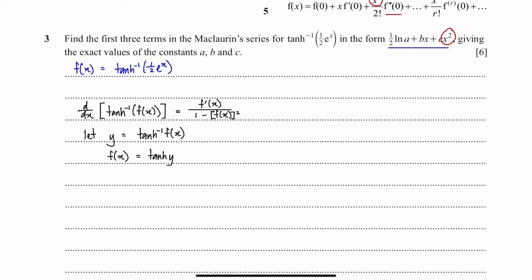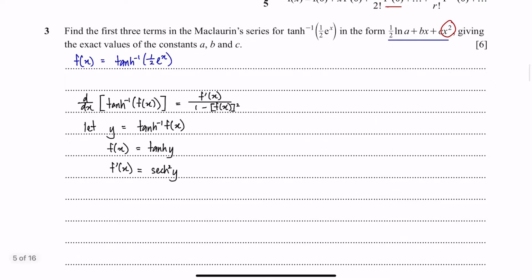So this one would be sec square y, sec square y dy dx, because we are differentiating in terms of x. So now dy dx would be f prime x over sec square y.